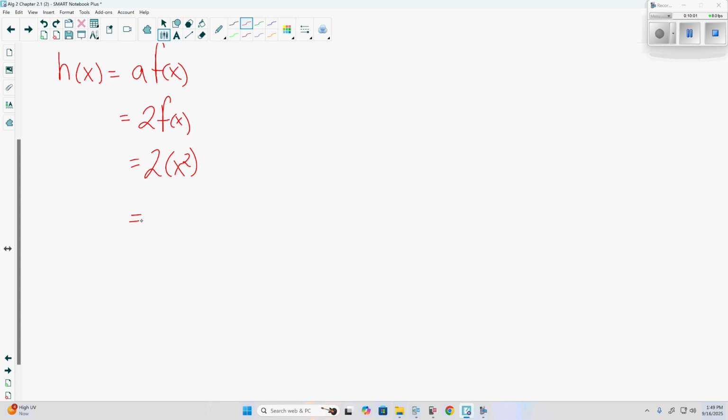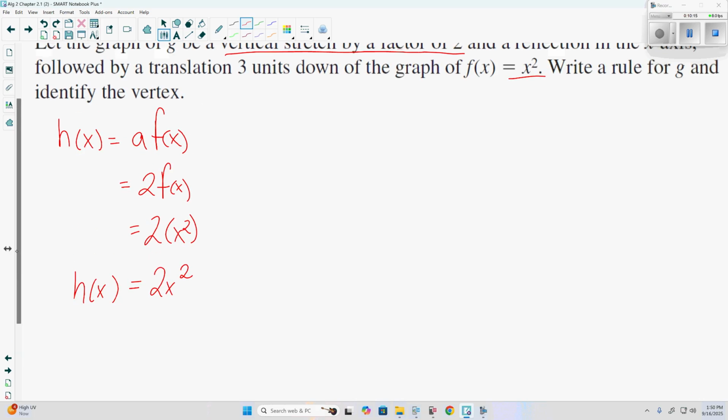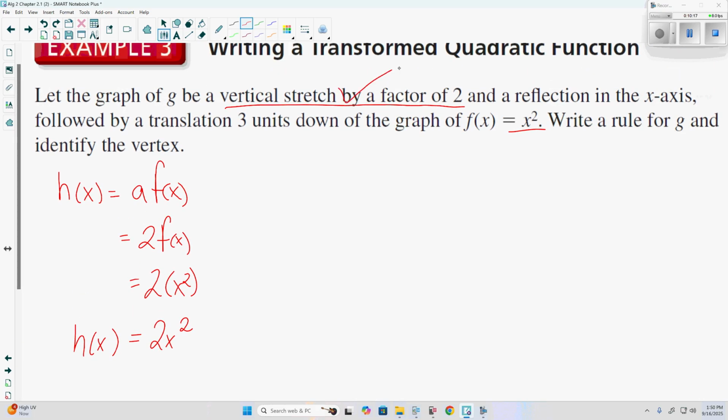Now the last thing we need to do is simplify so we can multiply these together. We have 2 being multiplied with x squared, which gives us 2x squared. So we applied our vertical stretch of 2.